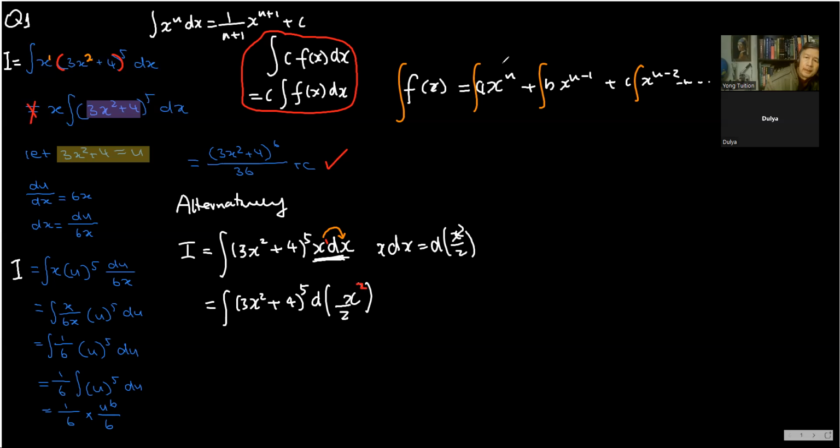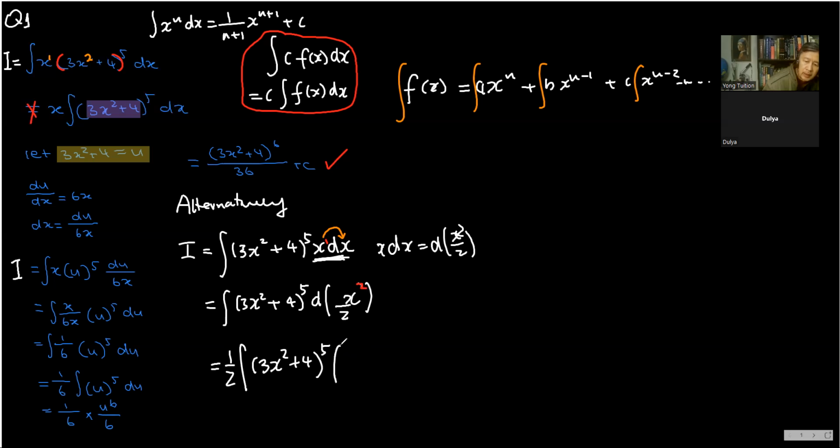Next, we can put the 1/2 outside. Now because we got x squared here, I just copy that one first: x squared plus 4.